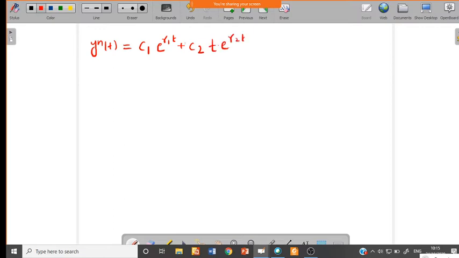Since r1 and r2 are the same, we can write it as just r.